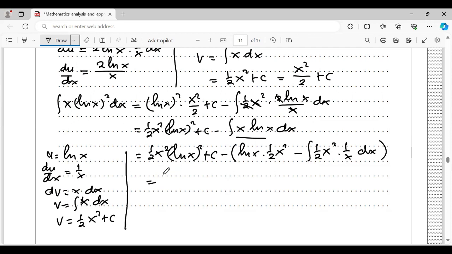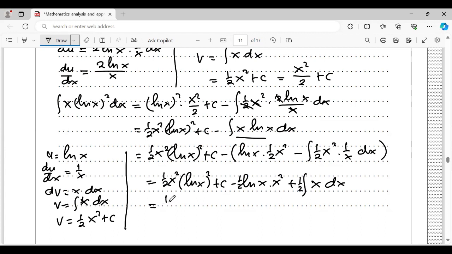It becomes half x squared (ln x) squared plus c minus ln x, half here, ln x times x squared plus integral, half in front, half integral x dx.